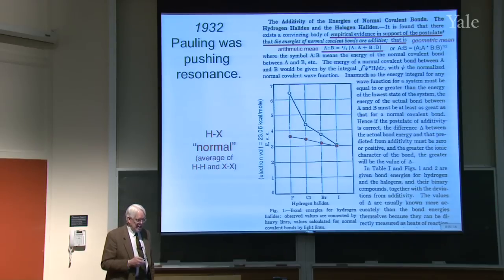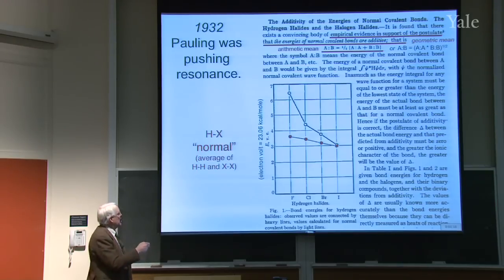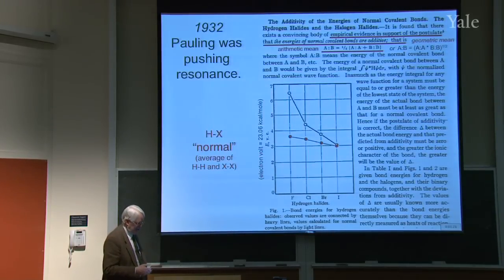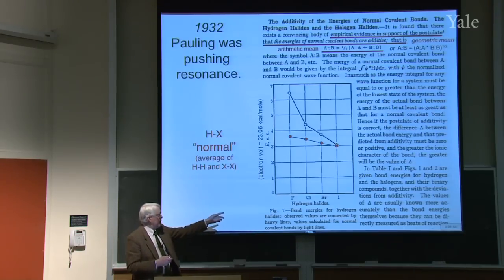So he uses then this plot where he's measuring the energies of the bonds, bond dissociation energies, in unusual units for us, electron volts, right? You multiply by 23 to get kilocalories per mole. Okay, so here are HX bonds that are normal, that is calculated if they were normal. They're the average of the HH and the XX for the different halogens, as you see, fluorine, chlorine, bromine, and iodine.